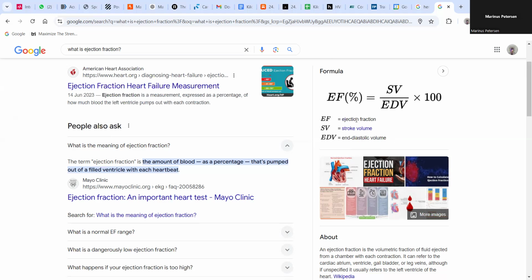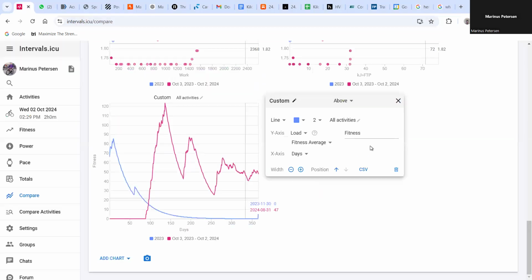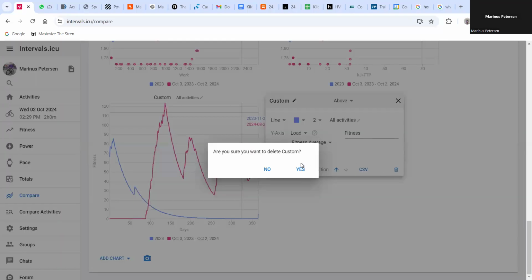So as your ejection fraction improves, so does stroke volume. I just thought it was quite neat that EF also stands for ejection fraction, which is also efficiency factor. Anyway, let's delete that chart because I'm not going to do anything with that.